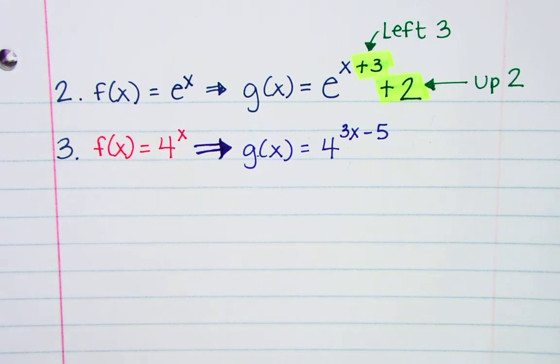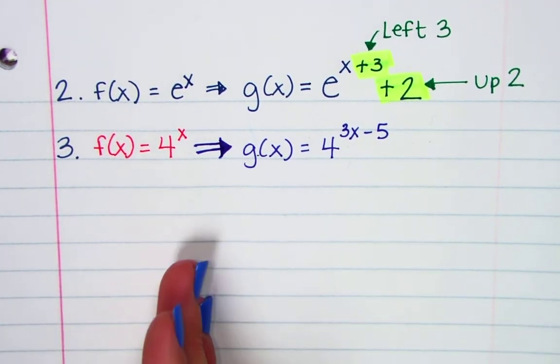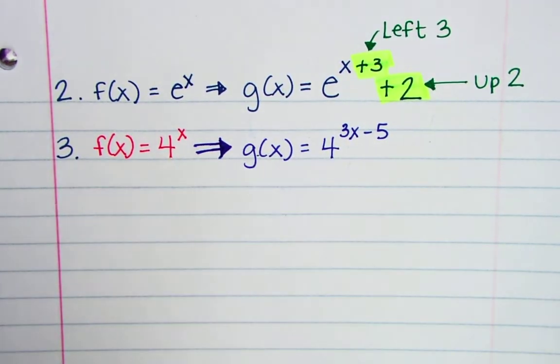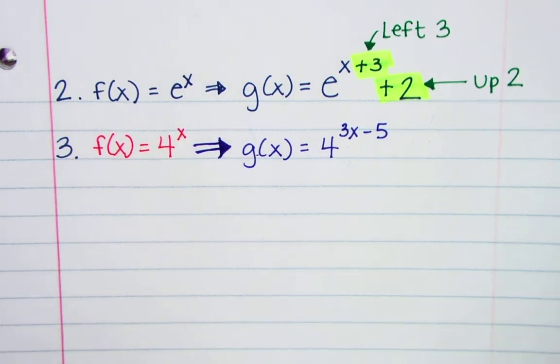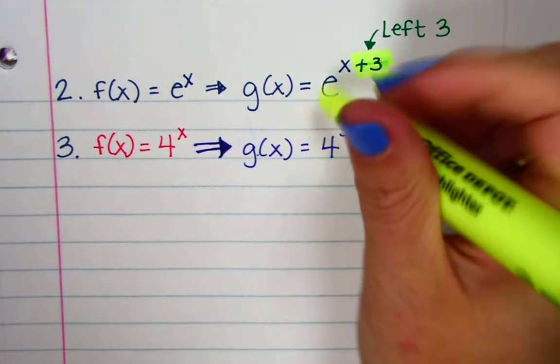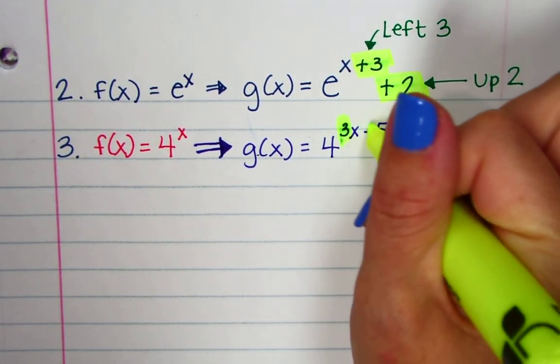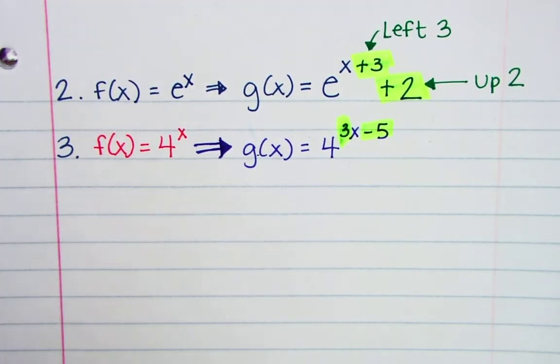All right, so how many transformations did we have starting with the f of x to g of x? 2, right? The 3 does something, and this minus 5 does something, right? Those are the 2 things that do something. Who knows what they do?